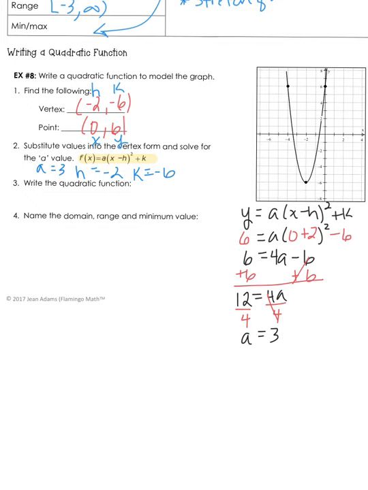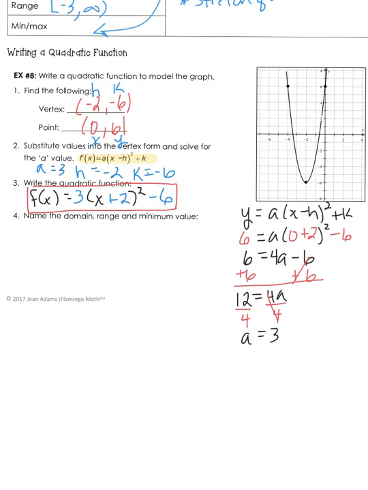So now all I have to do is write the function. So f of x is equal to, instead of a, we're going to use 3 times x, and then I want the opposite of what h is. So since h is -2, I'm going to put a +2 in here, square it, and then I want the same as what k is, -6. And that's it. That's all there is to that.